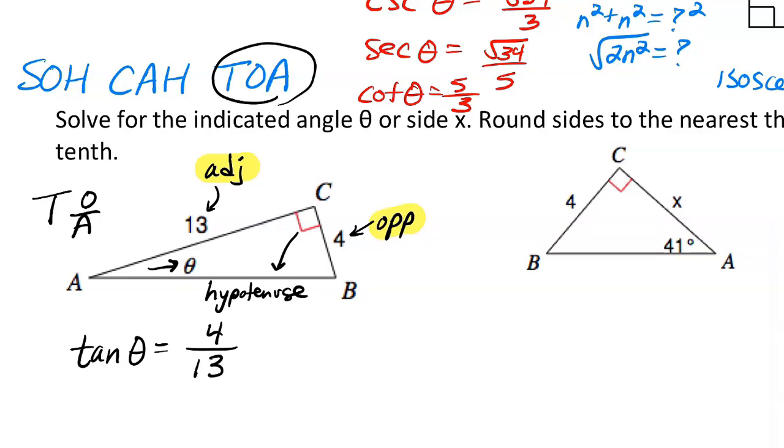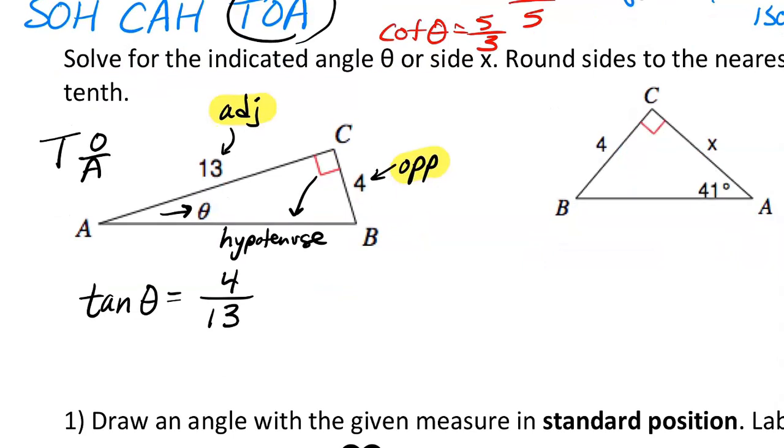To solve for theta, we do an inverse operation to get rid of tangent. Tangent is an operation acting on theta. And there's 2 different ways that you can write it. It'd be nice for you to know both ways. One way you can think of it is theta is the inverse of tangent.